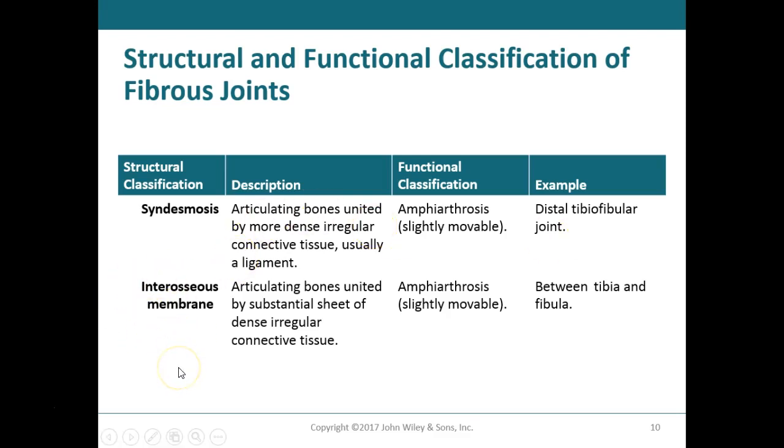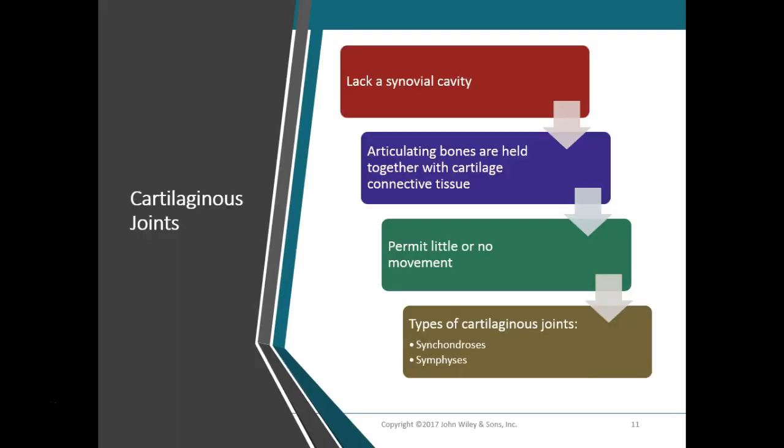An interosseous membrane, remember this was the sheet of connective tissue, such as we found between the tibia and the fibula, and these are functionally amphiarthrotic in that they are slightly movable.